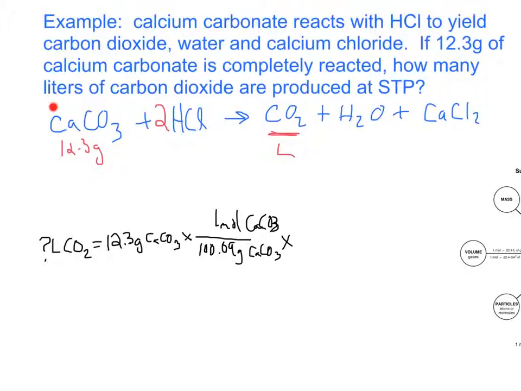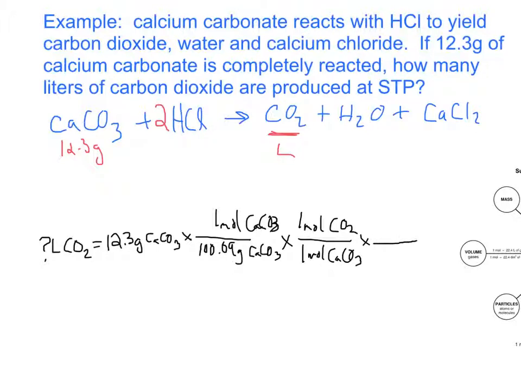Now we need to figure out how many moles of calcium carbonate corresponds to moles of carbon dioxide. In other words, for every 1 mole of calcium carbonate, how many moles of carbon dioxide? Since neither one has a coefficient, we know they're both 1, so it's 1 for 1. So 1 mole calcium carbonate is 1 mole of CO2.